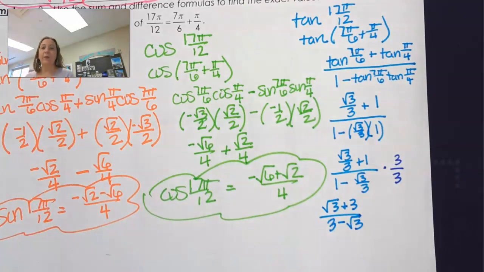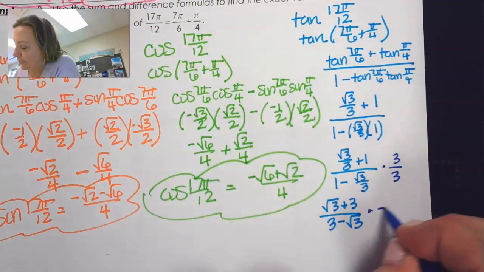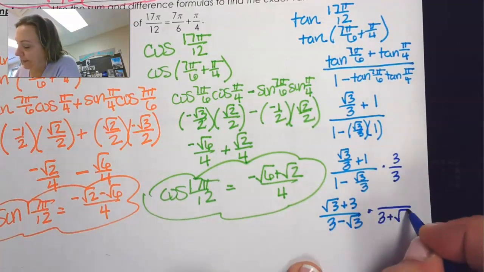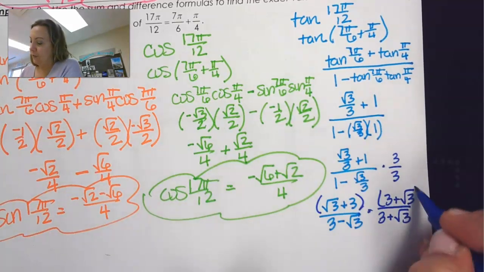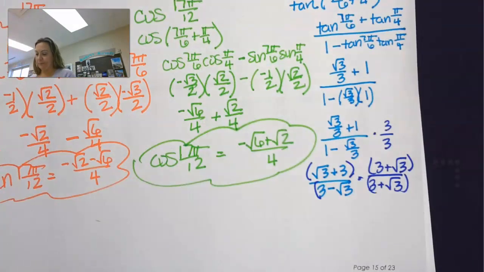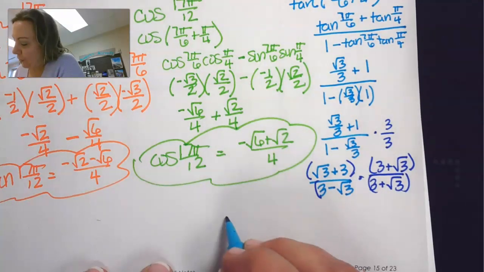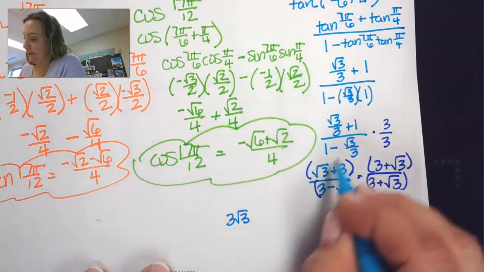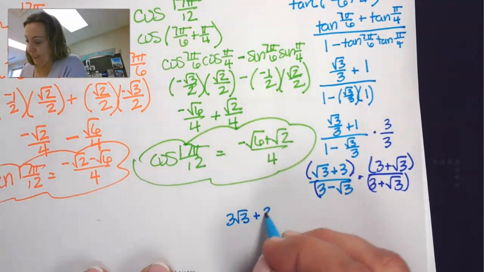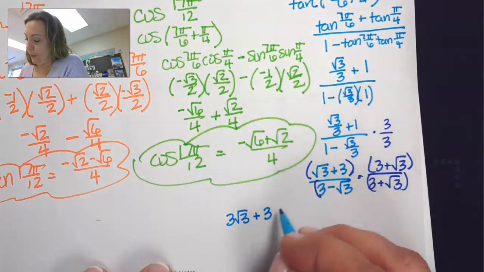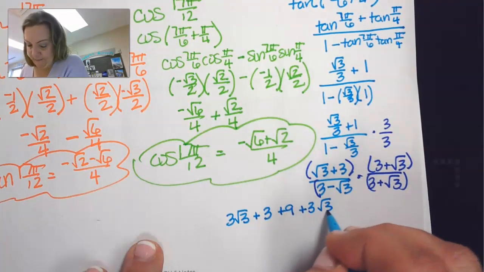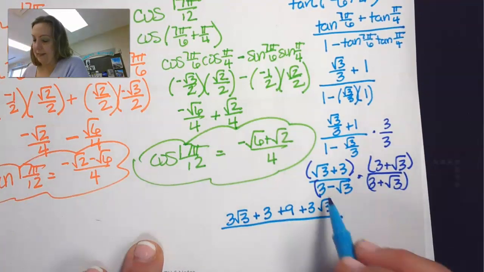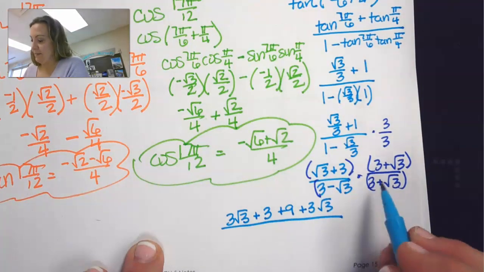Well, of course, let's rationalize. And to rationalize, we're going to use the conjugate of the denominator. So we'll multiply by 3 plus root 3 in the numerator and the denominator. So in the numerator, I end up with 3 root 3 plus 3 plus 9 plus another 3 root 3. And then in the denominator, I have 9.